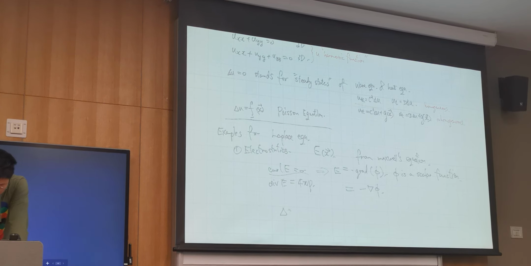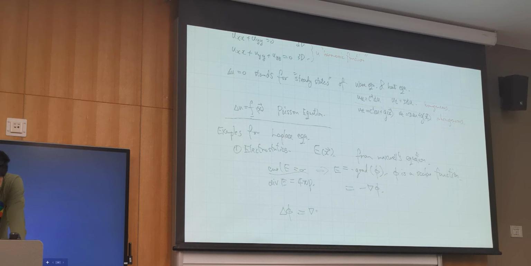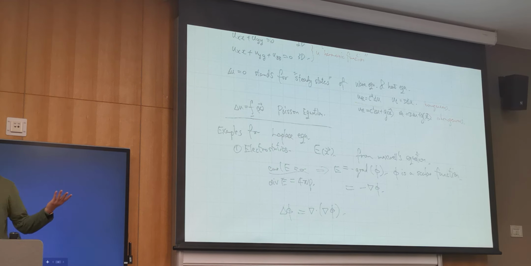That means the Laplacian of phi can be written as, first of all, the divergence of the gradient of phi. This is how the Laplacian is defined.